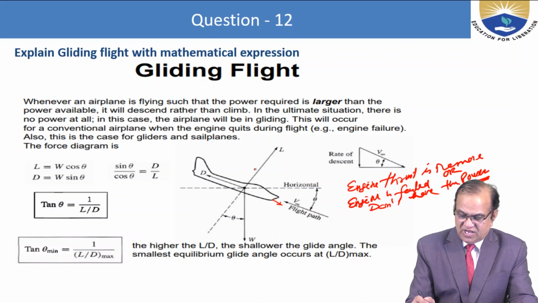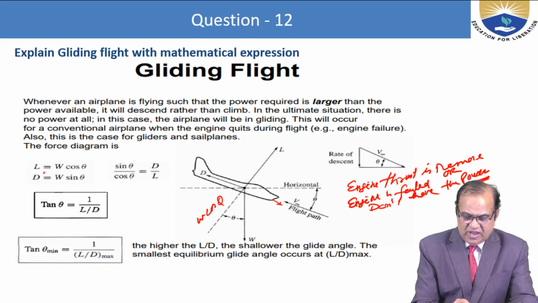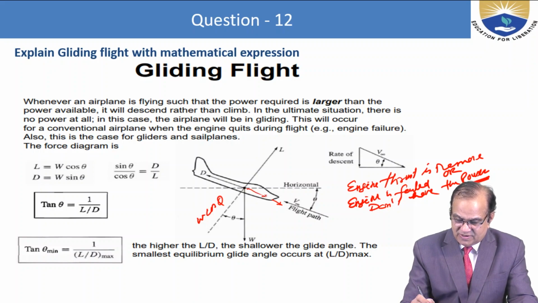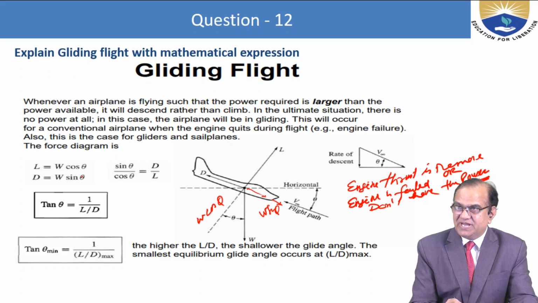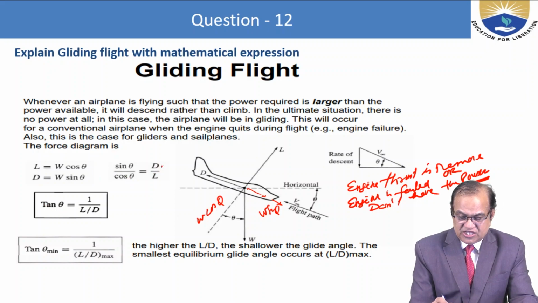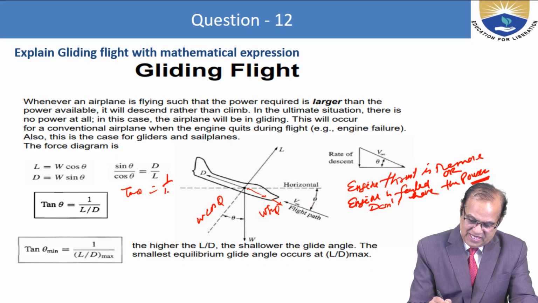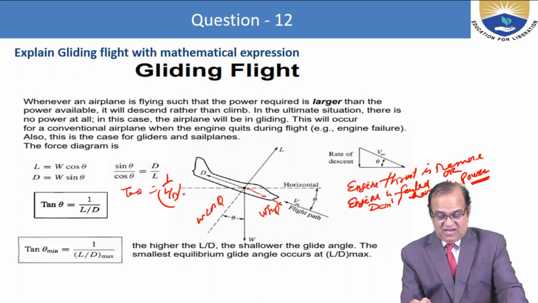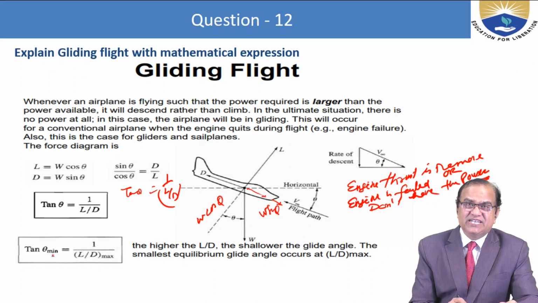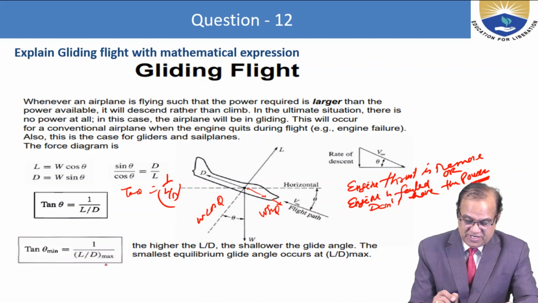So the equations of motion: lift will be W cos theta, so L is equal to W cos theta, and drag will be W sin theta, so D is equal to W sin theta. If you divide D by L, sin theta by cos theta, tan theta is equal to D by L, or tan theta is equal to 1 by L by D. So tan theta should be minimum, so L by D should be maximum.